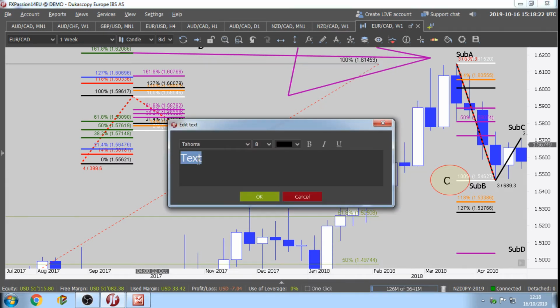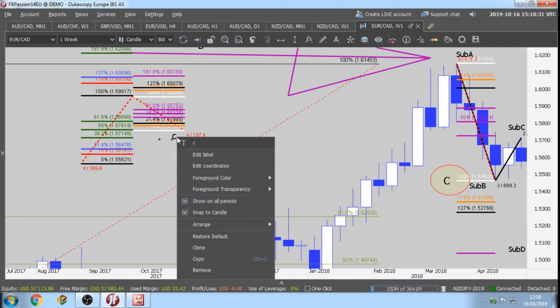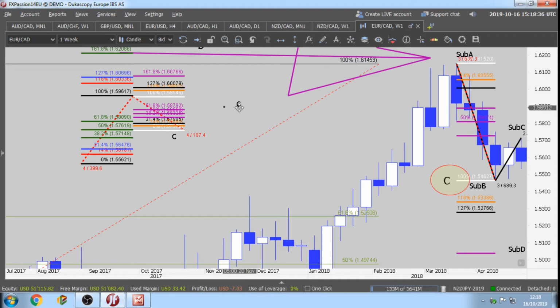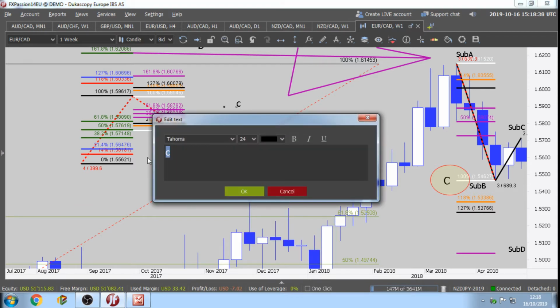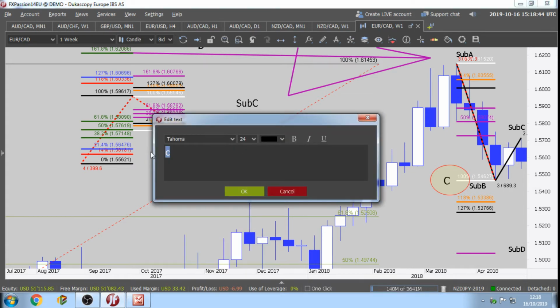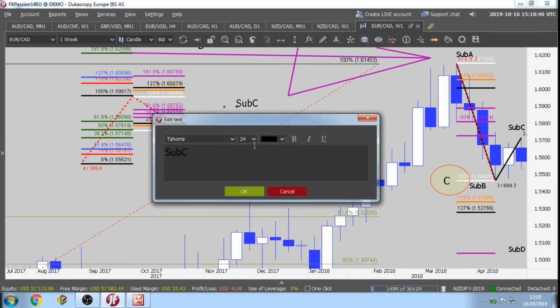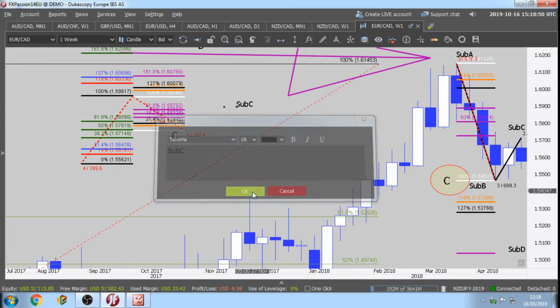What is the C? Well, not 8, make it 24. What is the C? This is going to be clone, edit label, sub C. Sub C, and this is our C. And this is going to be, there you go.